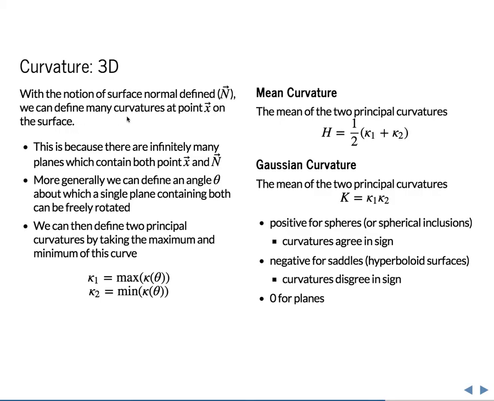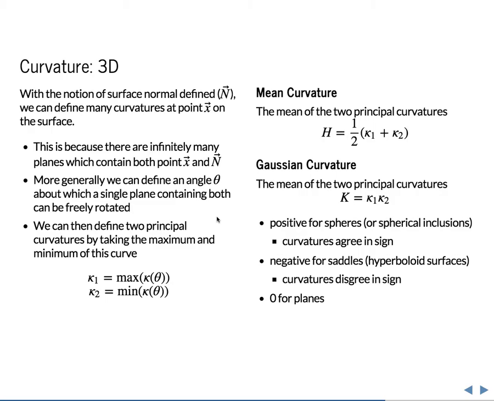When you think about the types of shapes that are possible, which is probably easier than thinking about the math, at least initially, you can have a sphere where you have a curvature both going in the same direction. You can have a saddle where you have the curvature going this way in one direction and the other way in the other direction.